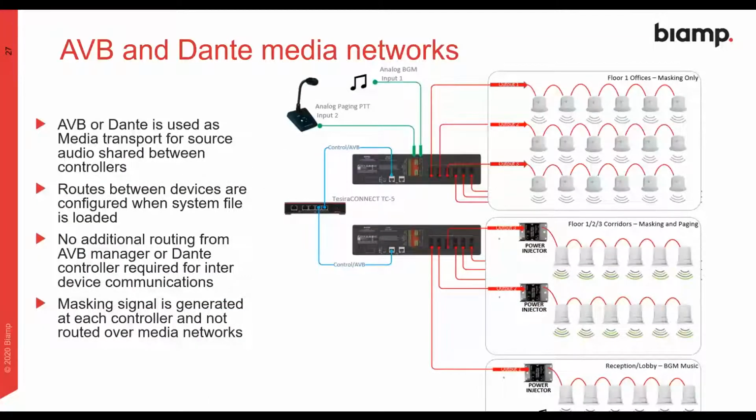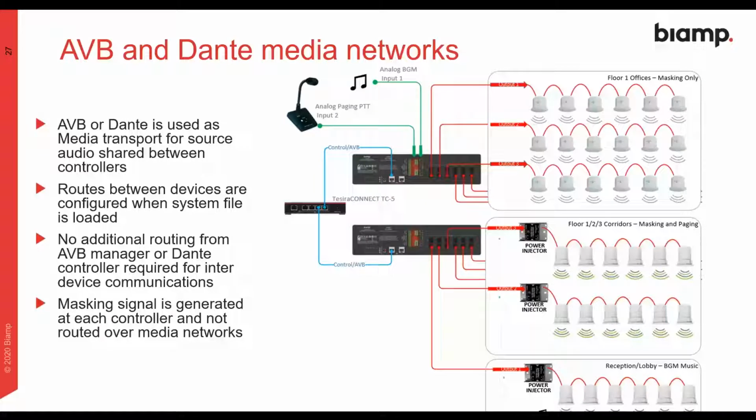So there are 2 ways that media is shared across the network. We've got the idea of an analog input being brought into a controller, and then being converted over to an AVB or Dante flow or stream, and then distributed to appropriate areas of a device configuration. So we're using the media between devices to bring analog in and then take it to where it needs to go as defined within the zone routing.